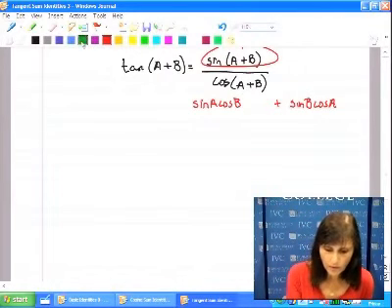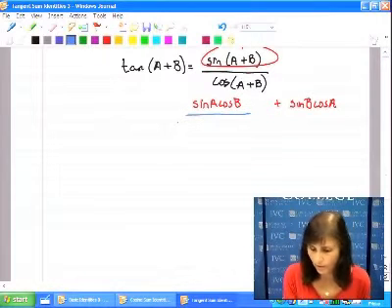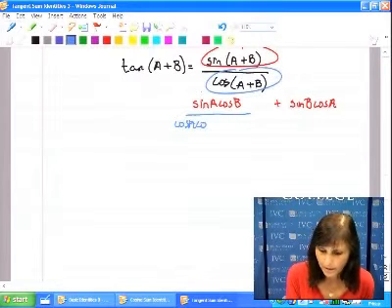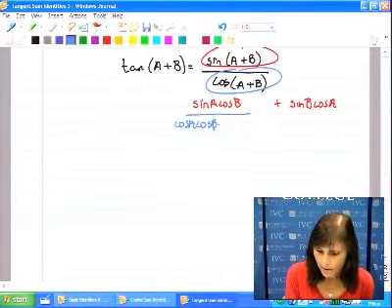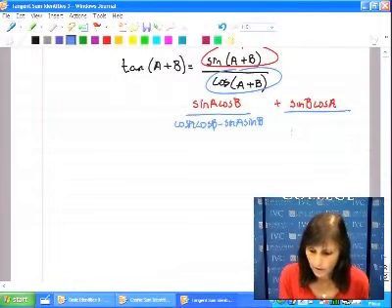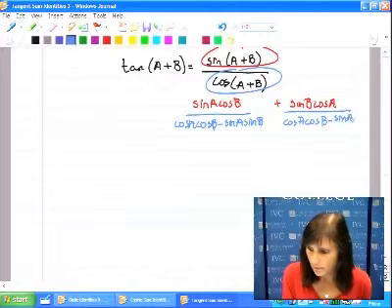That was the cosine formula: cosine a cosine b minus sine a sine b.